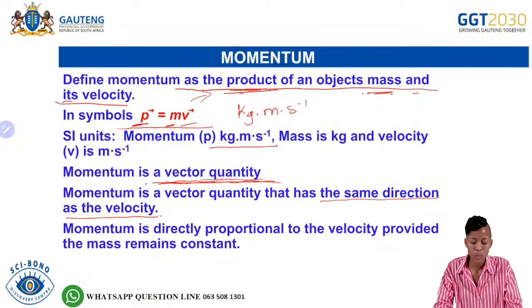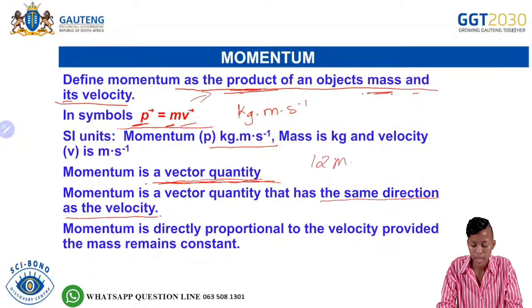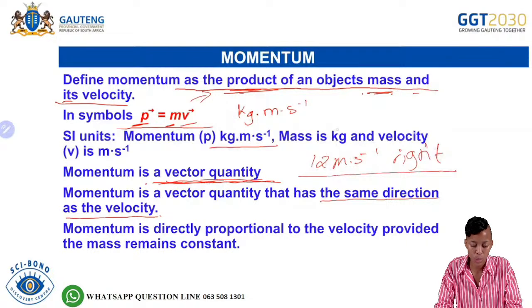So let's say that an object is moving to the right, maybe at a velocity of 12 meters per second, to the right. So after the calculation of your momentum, whatever direction that you have for your velocity will therefore be the direction of your momentum.